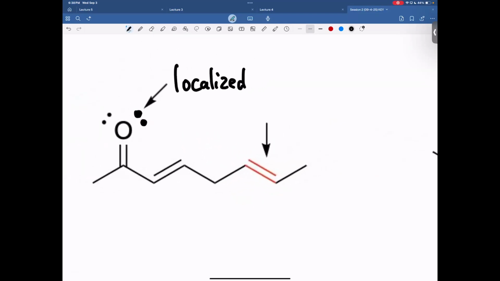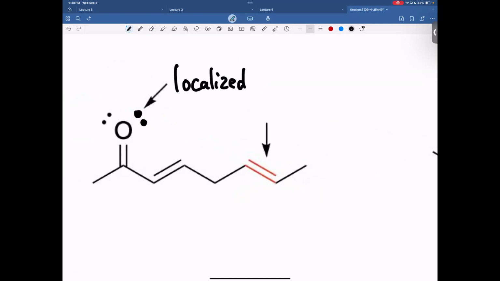Next one, we got this double bond here, right? Is there any resonance pattern we can do with this? Thumbs up for yes, thumbs down for no. Let's see. Why do you think there's a resonance pattern, for anyone who wants to explain?